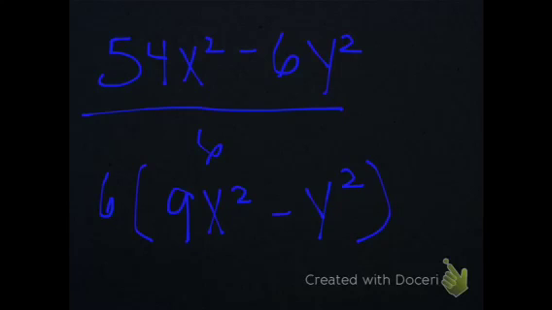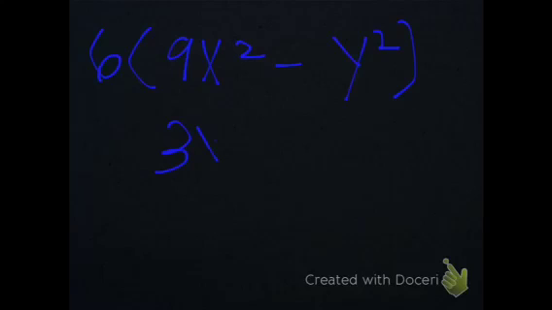So from here, we want to find our difference of squares. So we will start where we just left off, 9x squared subtract y squared. So we see that 9 is a factor of 3 and 3.